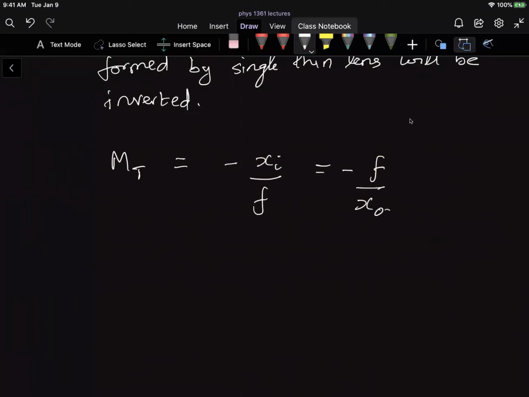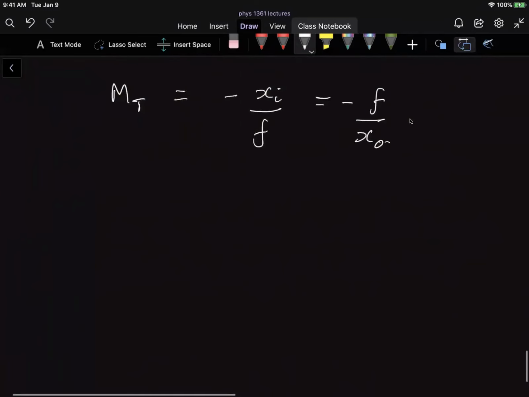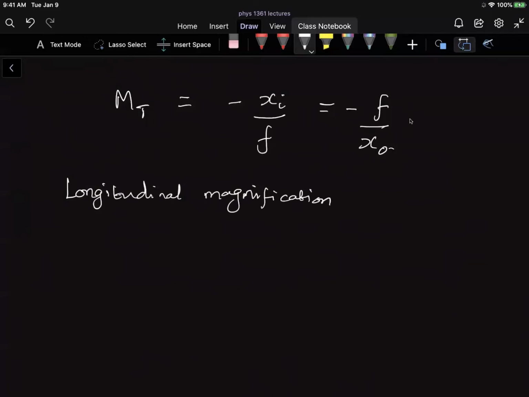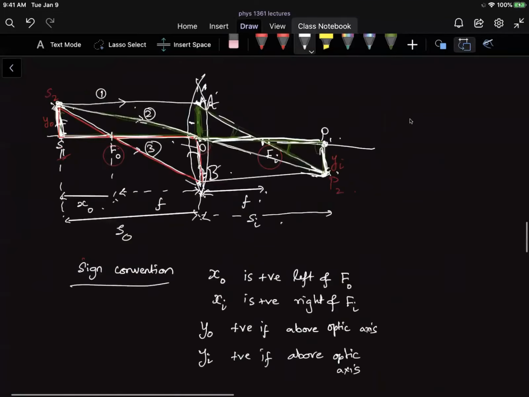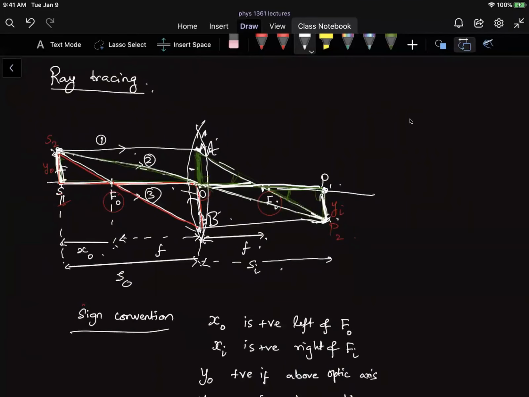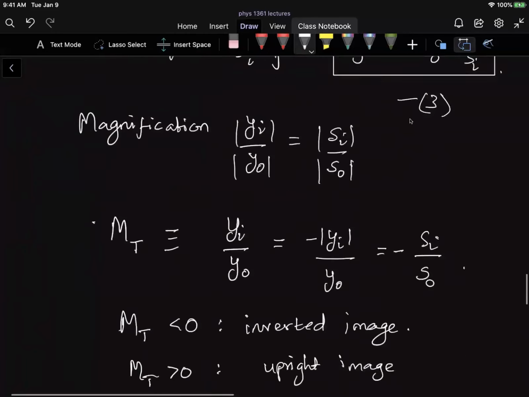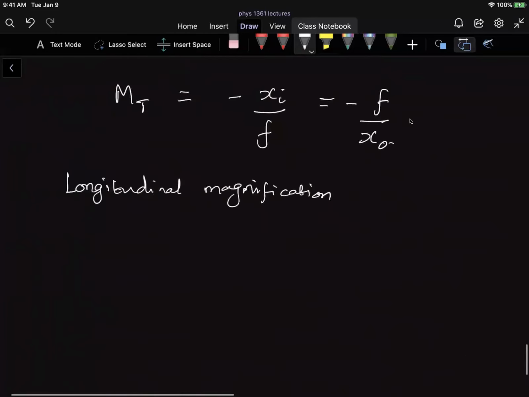Finally, we can also do something called the longitudinal magnification. So what is the longitudinal magnification? Well, so far we took the object to be extended perpendicular to the optical axis. What if the object is actually extended not perpendicular to the optical axis, but parallel to the optical axis? So imagine that it's some kind of thin rod that is extended from S1 to some point S2, but the S2 is now lying along the optical axis rather than perpendicular to the optical axis.